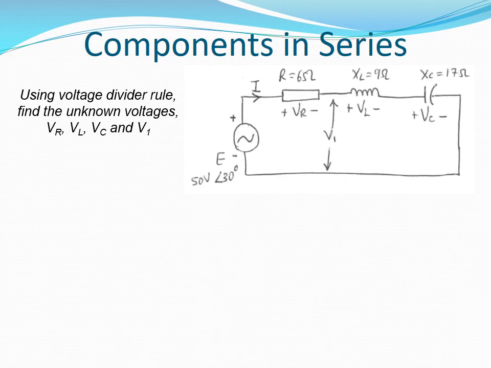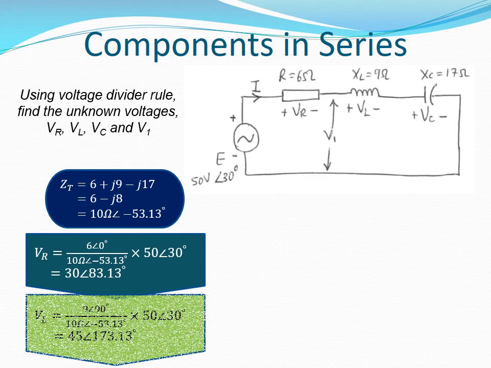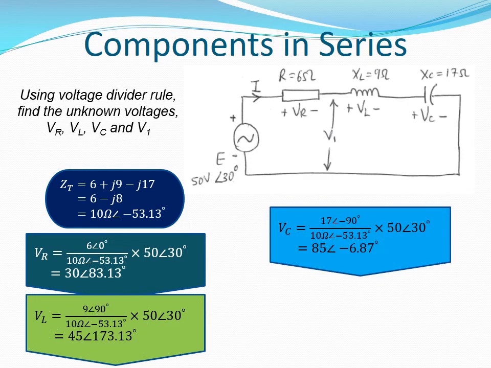In this example, we are given a series network and we are required to calculate the voltages VR, VL, VC, and V1. The first step is to obtain the total impedance of the network, and it works out as 10 ohms at an angle of minus 53.13 degrees. The voltages VR, VL, and VC are voltages across single elements.